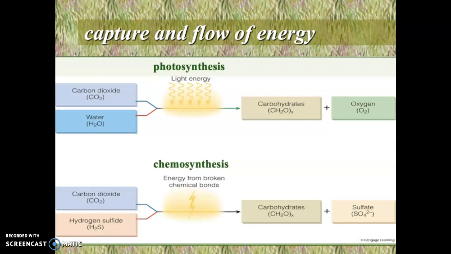A very common carbohydrate you would be familiar with would be sugar, which has the chemical formula C6H12O6, and oxygen. And plants store the carbohydrates and put the oxygen into the environment. You can see chemosynthesis is a little bit different. They still store things as carbohydrates, but they take in hydrogen sulfide and give off the sulfate ion as a byproduct.